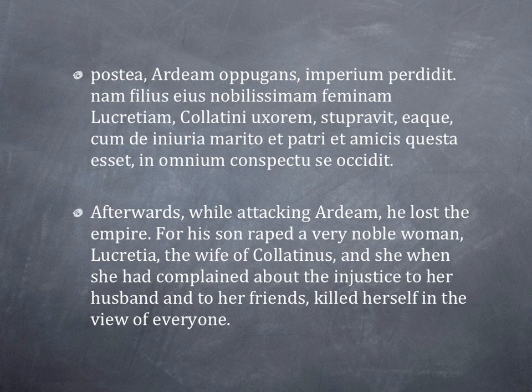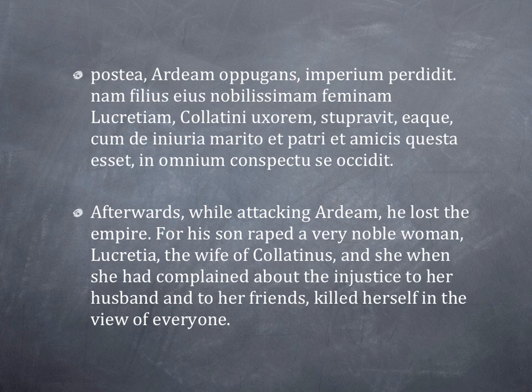Now, we look at this next bit, nobilissimam, feminam, Lucretiam. That is an accusative, so we need to find which verb is going to make that the object, and it's stupravit, which we said here means rape, stupro. So afterwards, while attacking Ardea, he lost the kingdom. For his son raped a very noble woman, superlative nobilissimam, raped a very noble woman, Lucretia, the wife of Colatinus.